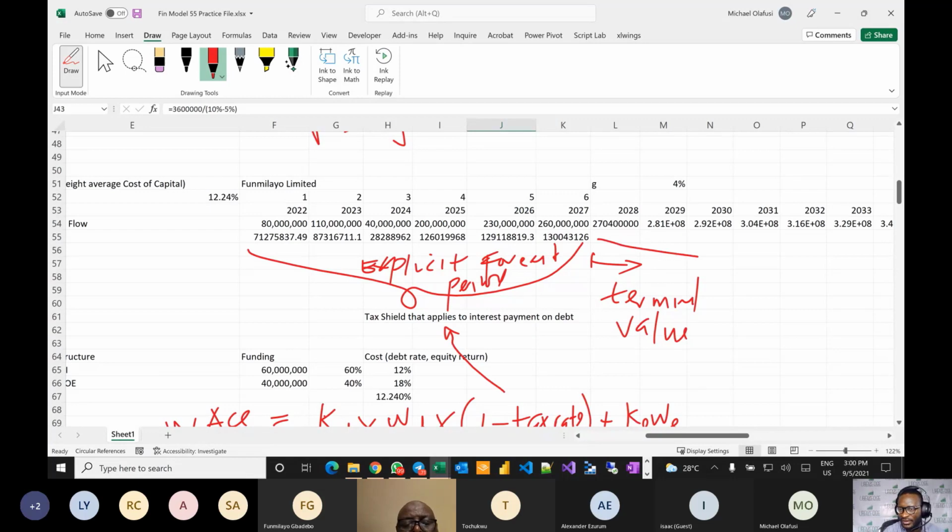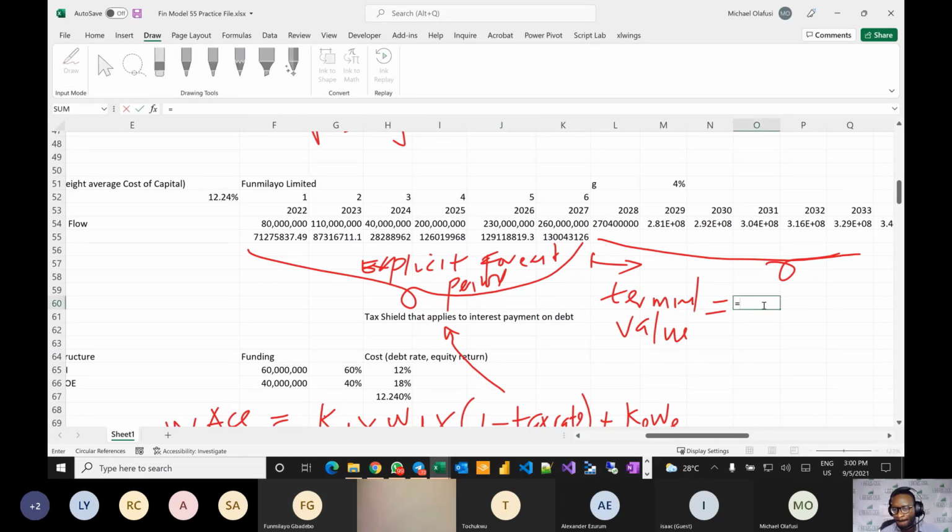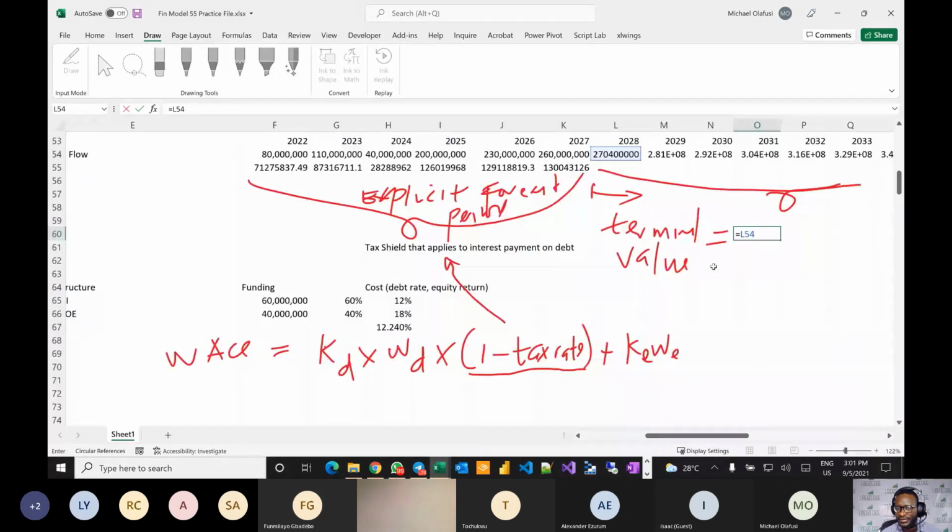So that terminal value is going to be all of this money now, equal to cash flow. We've already done everything up to the year. So the next cash flow we are trying to gather from here. So this next cash flow, times, no, it's not times, divided by, yeah.